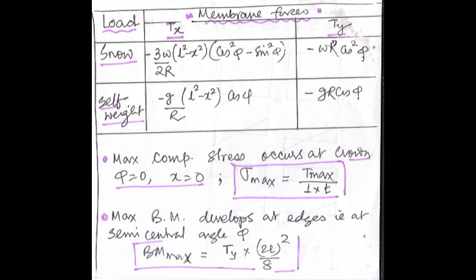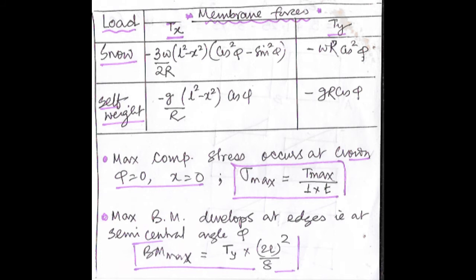Okay, so first we will solve the problem by putting the value of W and R. We will not put the values of W, R, L, x and phi; we will find the generalized expression. After that the question will be like this: find the maximum stress developed. In case of a shell structure, the maximum stress generated is at the crown.